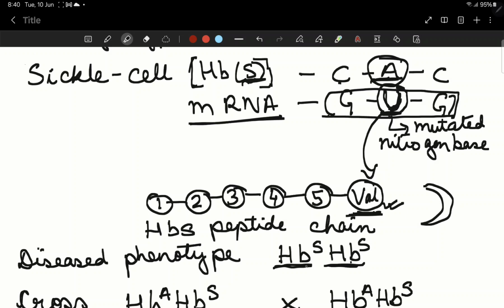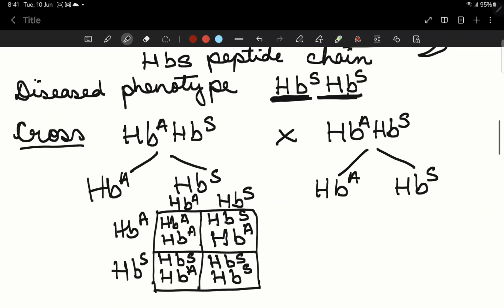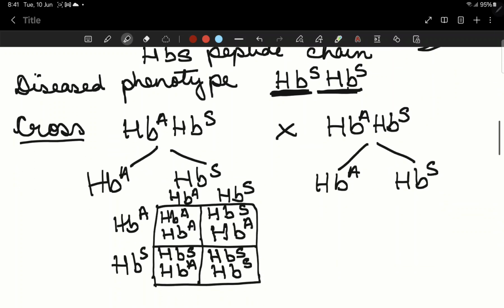Before showing the cross, let us first understand this is an autosomal recessive disease. This is an autosomal recessive disease because these alleles are not a part of the sex chromosome, so they are on an autosomal chromosome.